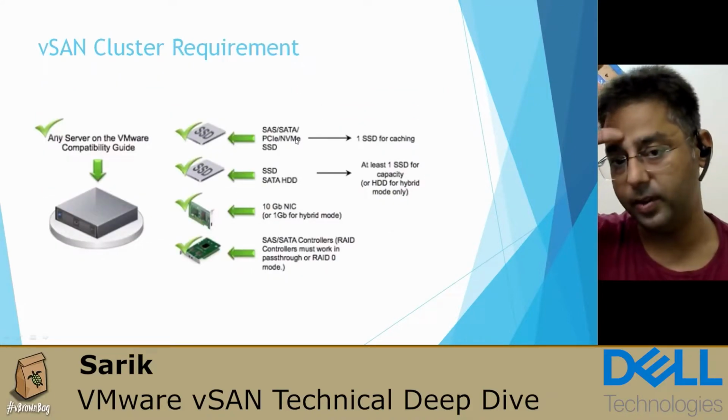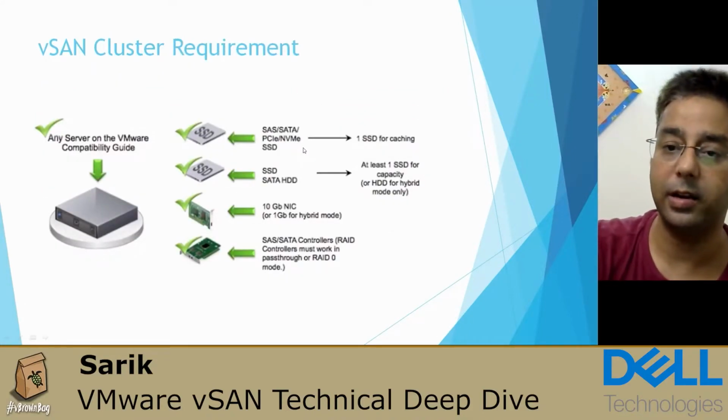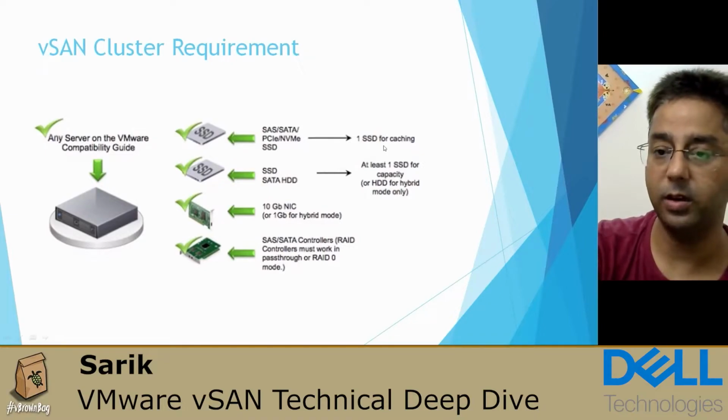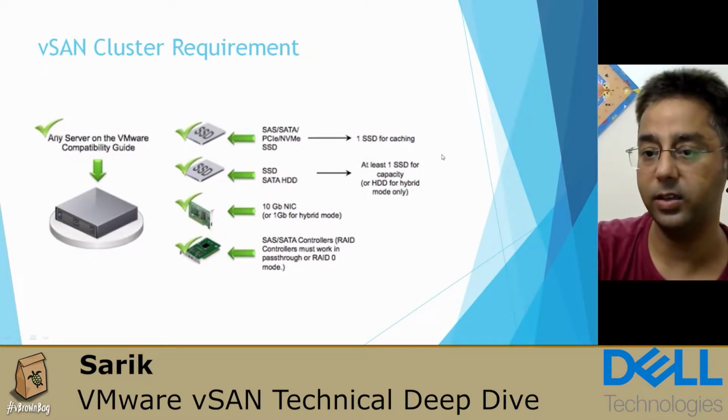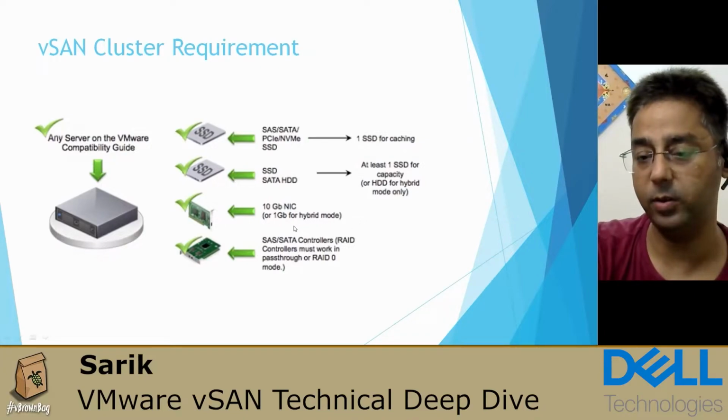Also, we have vSAN cluster requirements. As I explained earlier, we need one SSD for caching and one SSD for capacity. That is the minimum requirement. We should have a 10 GB NIC for all flash. If we are going to use hybrid vSAN mode, then we need a minimum of one gig NIC.